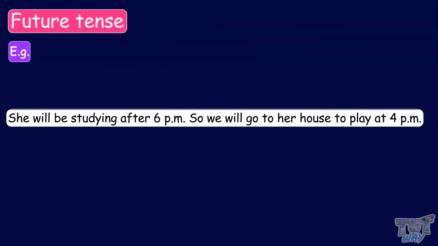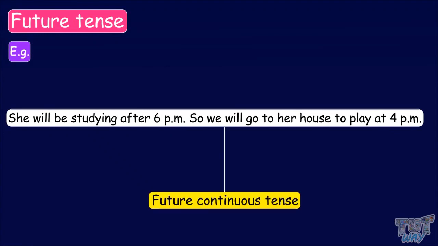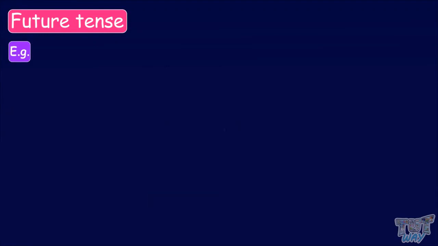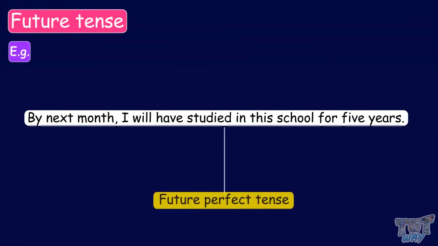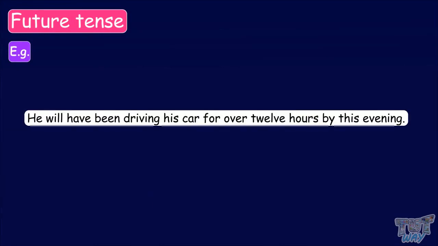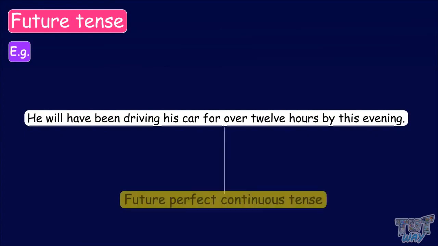She will be studying after 6 p.m., so we will go to her house to play at 4 p.m. Future continuous tense. By next month, I will have studied in this school for 5 years. Future perfect tense. He will have been driving his car for over 12 hours by this evening. Future perfect continuous tense.